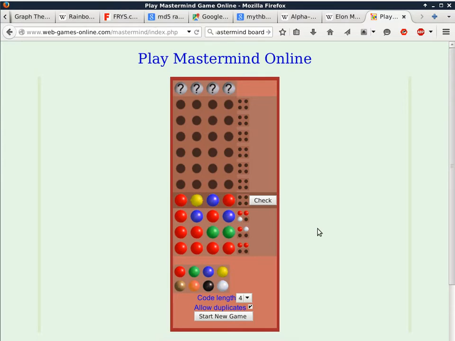This would not be consistent with the previous guess because if this is the actual hidden pattern, then the previous guess would have given me just one red tag as a score and two white tags instead of what I got. Is that making any sense? Okay, if this is the actual hidden pattern, and I guess red, blue, red, blue, this red would have contributed to one of the red tags, but what would the other red tag be coming from?